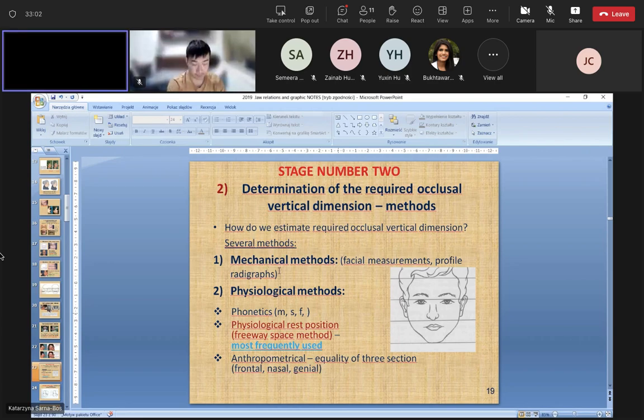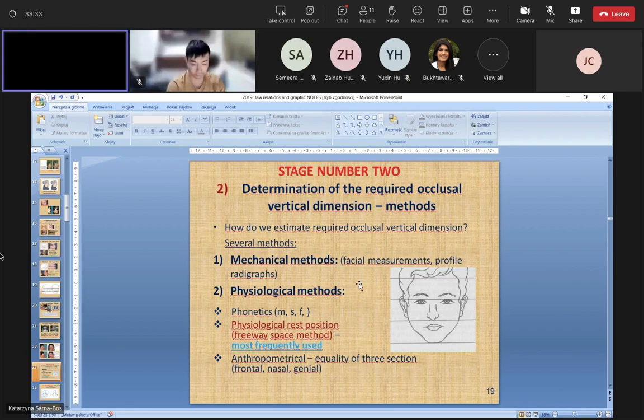What about physiological methods? We have the phonetics one, physiological rest position, so this is the freeway space method. This is the most frequently used method, which I will explain to you later. And the anthropometrical method, which tells us about the equality of the 3 sections in the patient's face.